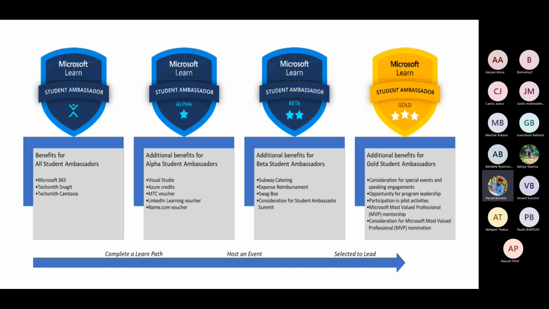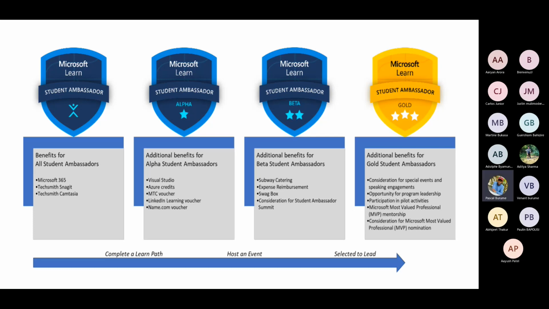You can get access to the MVP sessions where you can talk with different mentors and get ideas. And being Gold is an easy way for you to be nominated as an MVP, except for the Windows Insider partnership, but you can be nominated as an MVP in other categories like AI, like business applications.